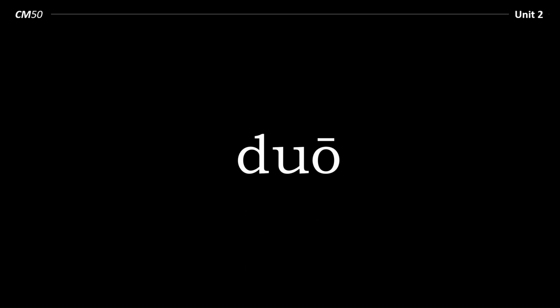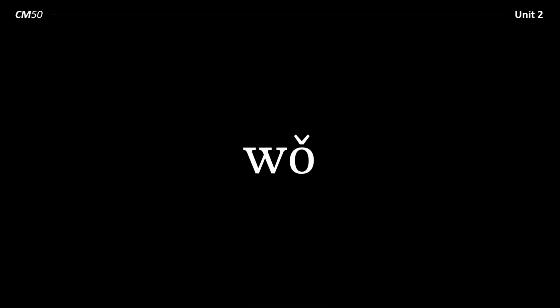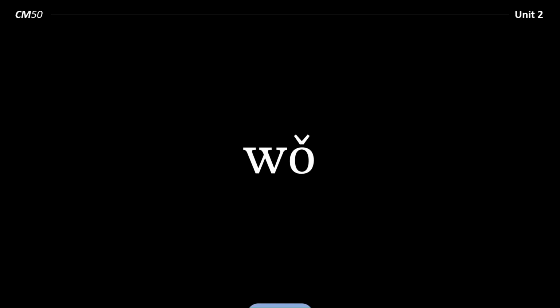Here's another example. Duo, which means many. Now what is this syllable made up of? The initial d and the final uo, d, uo, duo. So again, this syllable has an initial and it has the final. What about this word, wo, which means I or me? What is this syllable made up of?